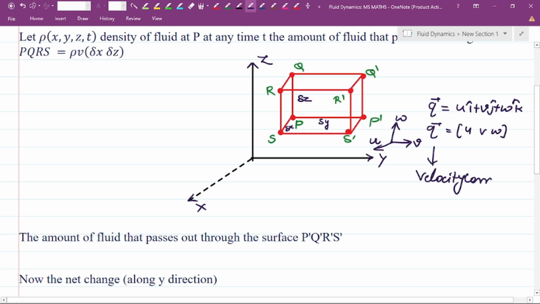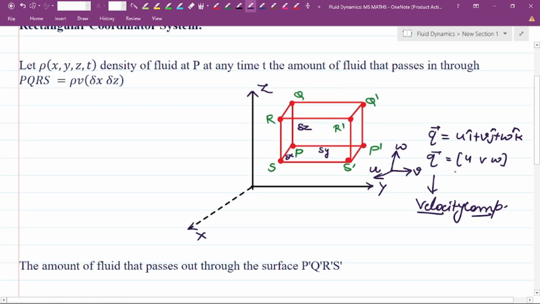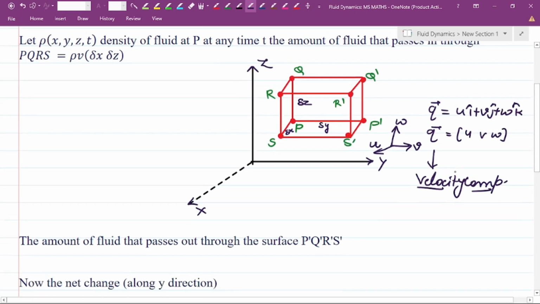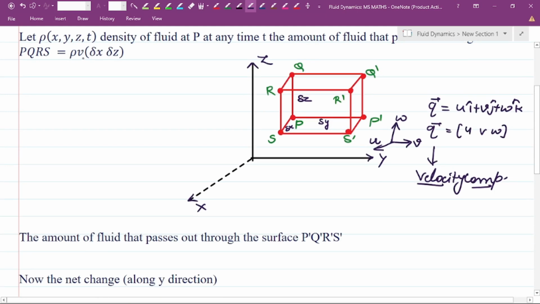Now the fluid passing through the surface PQRS is rho v del X del Z, which is a function of X, Y, Z. This is equation number 1.